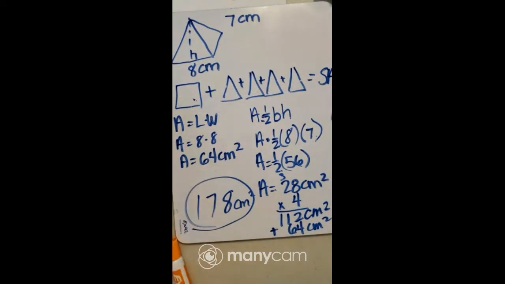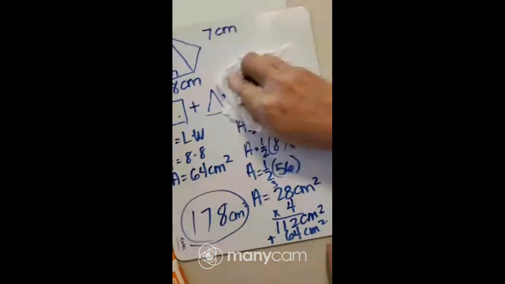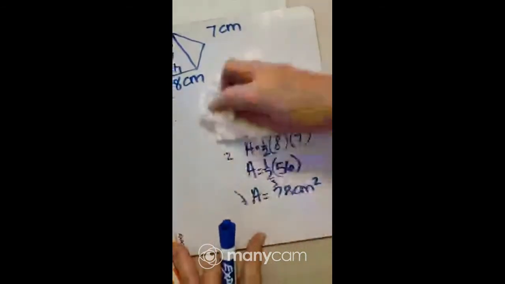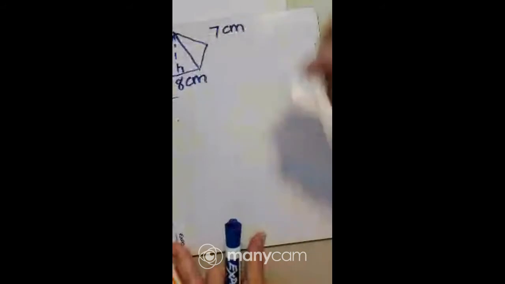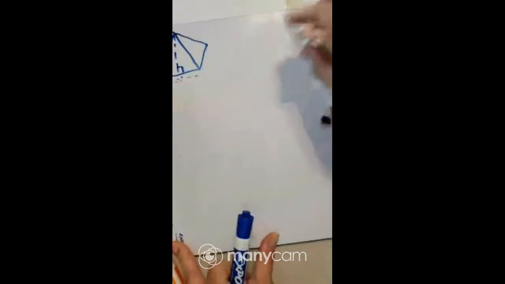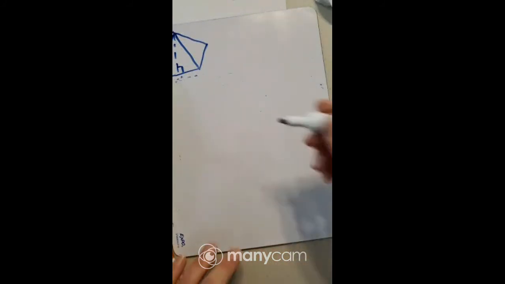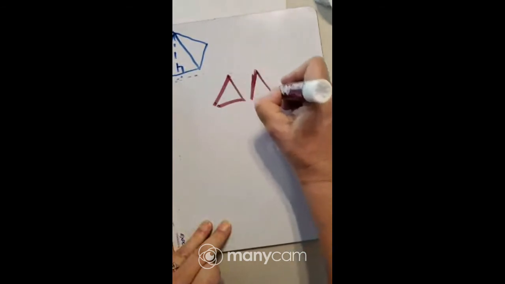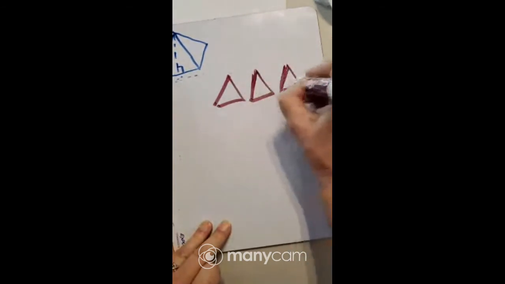Now I'd like to branch out and do it one more time. Maybe I will try and color code this. Some people may need something like that. Let's see what I can do. I'm going to make my triangles burgundy. 1, 2, 3, 4.